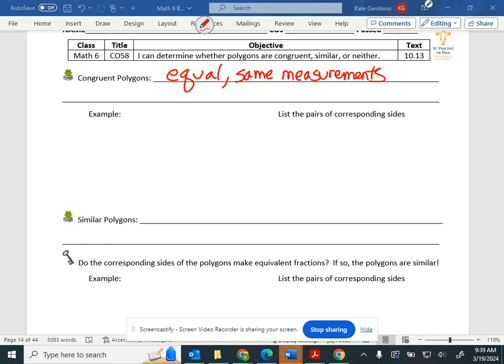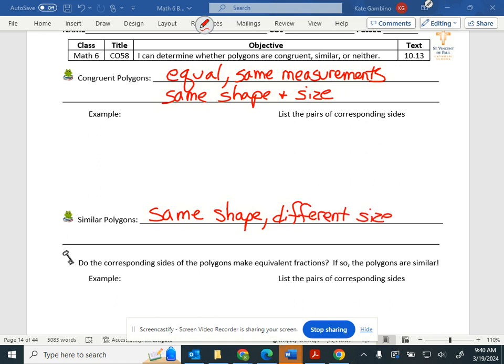If they are similar, they're same shape, different size. Same shape, different size. And neither. They're not congruent. They are not similar.